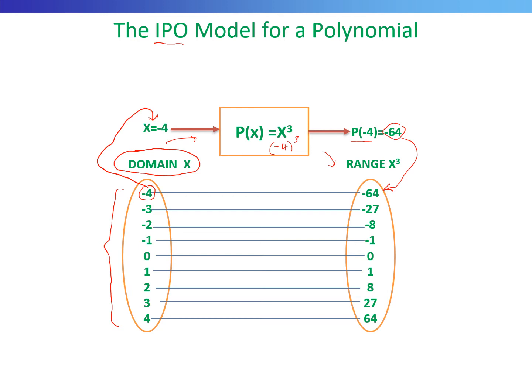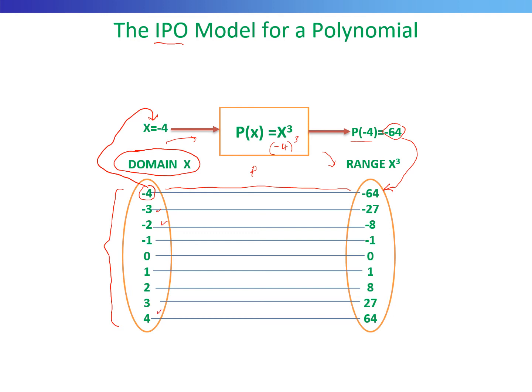In a way, we can say that the process will produce an element in the range based on an element in the domain. So if negative 4 was not passed, then we wouldn't have negative 64. And the same thing applies to negative 3, negative 2, all the way to all the elements.